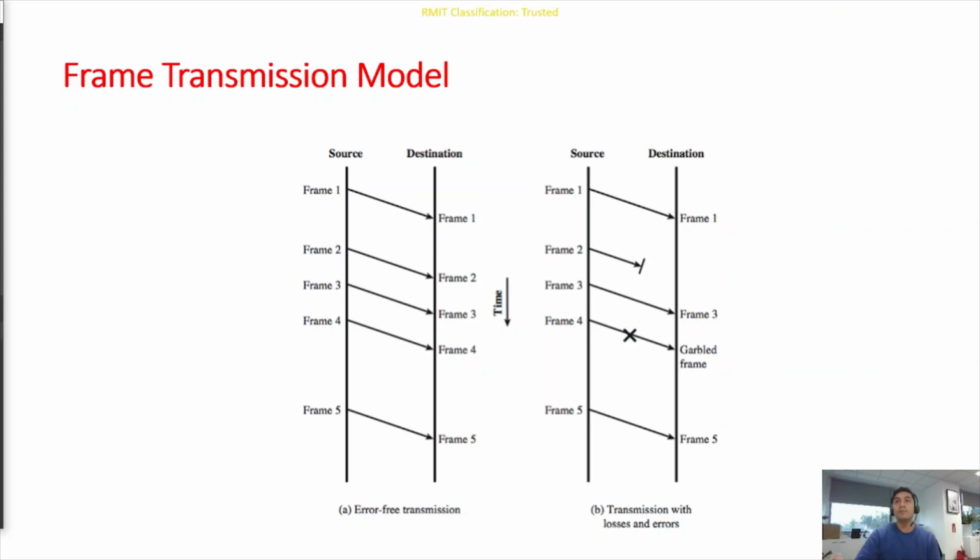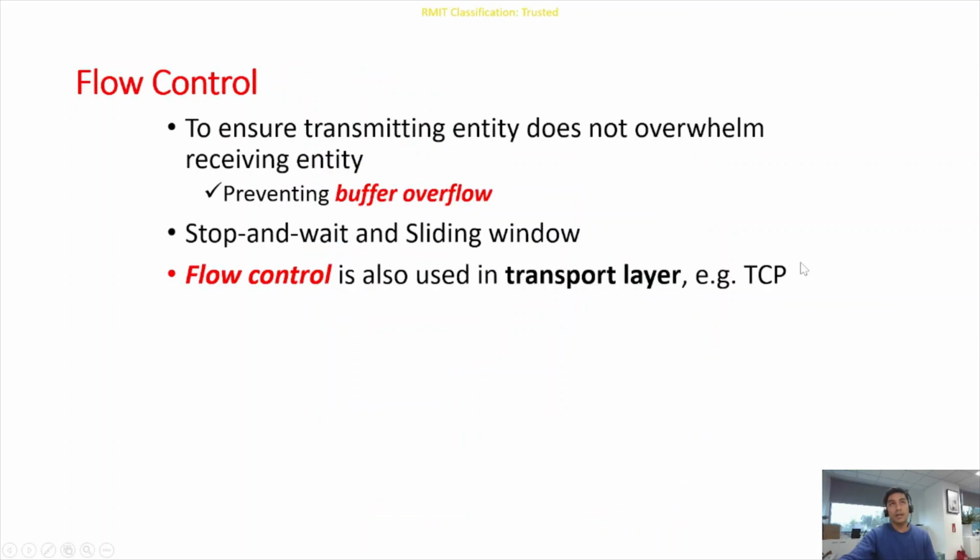So how do we address this issue? We can address this issue using the flow control mechanism. When we have the flow control mechanism in the transmission system, it prevents the receiving entity from being overwhelmed by the frames sent from the source.